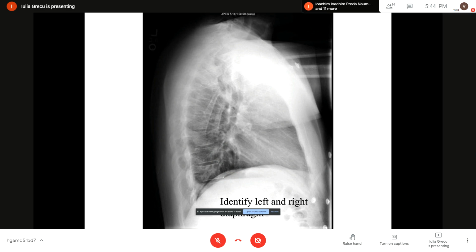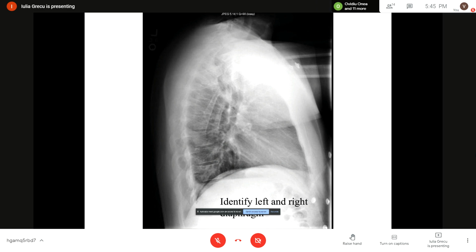So here is the gas chamber. We will know for sure that this opacity here is the left diaphragm. This is one thing to look at. The other thing is that the left diaphragm, because it's in close contact with the heart, will be obscured by the heart in its anterior aspect.